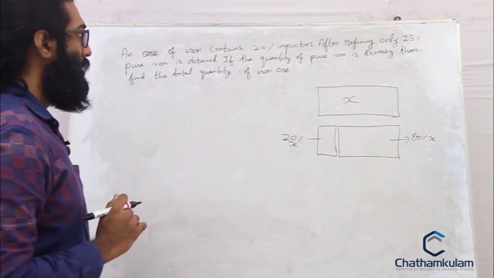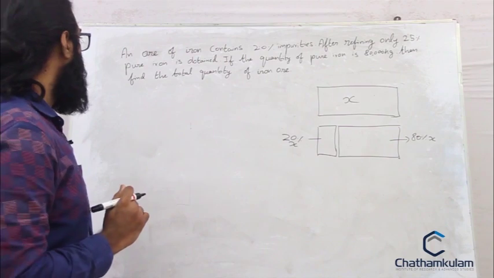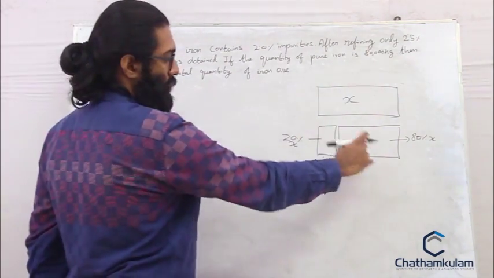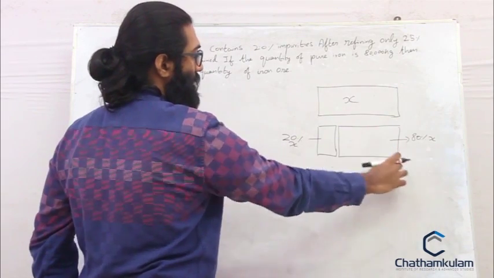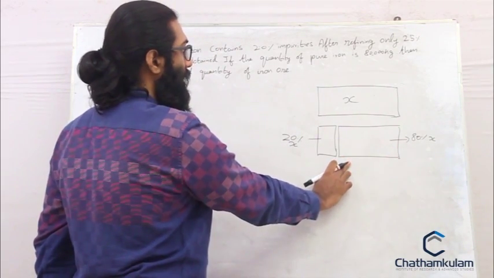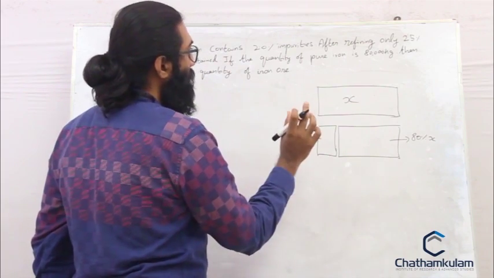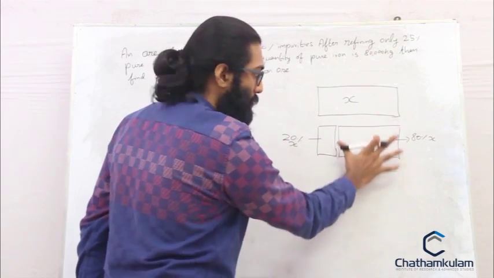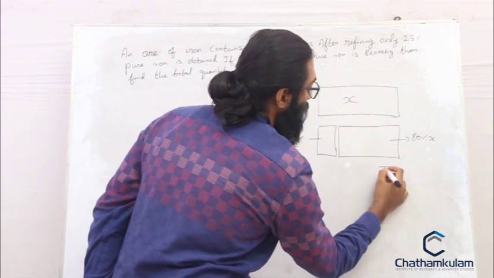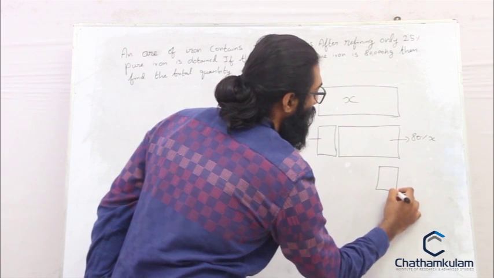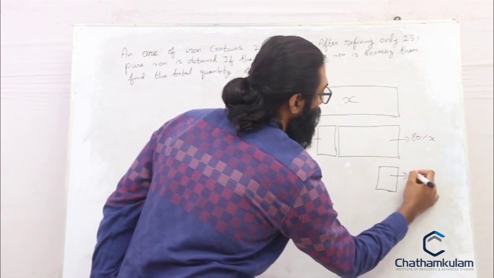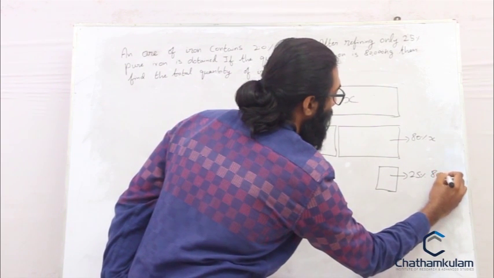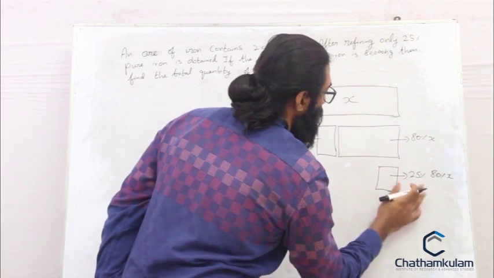Then what is given in the question? After refining, only 25% of pure iron is obtained. That is, in this 80% of X, when refined, we get only 25% pure iron. So if you refine this 80% of X, we get only 25% of 80% of X, right?